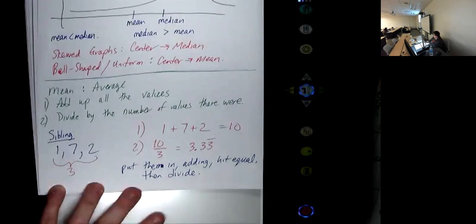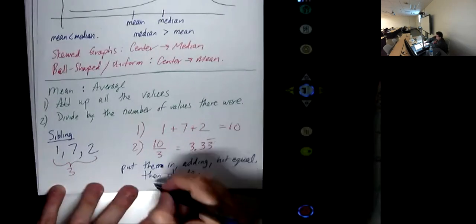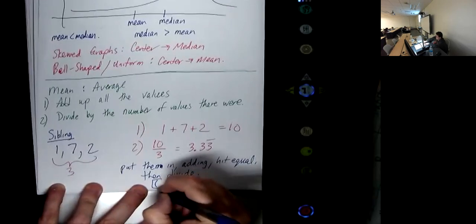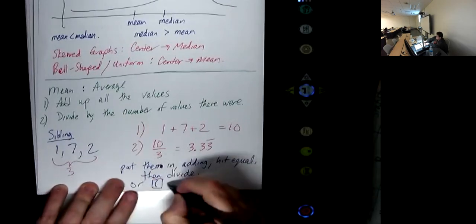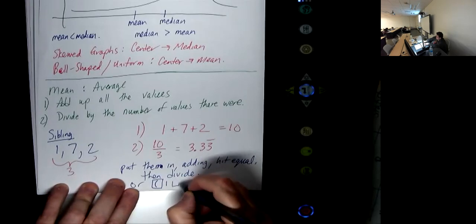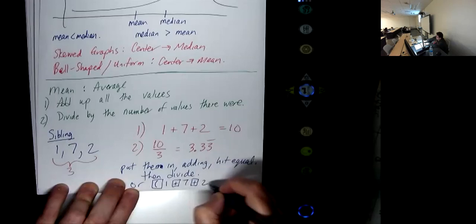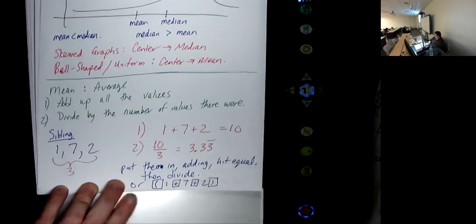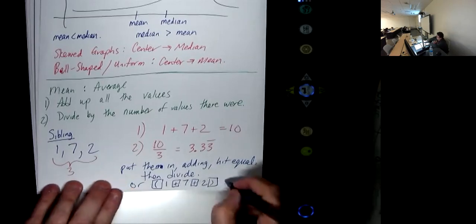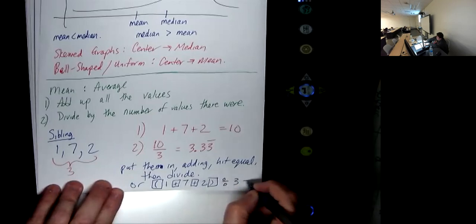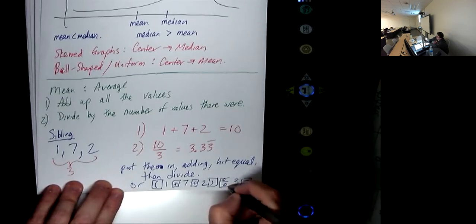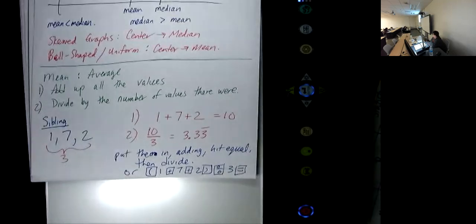Or if your calculator has a parentheses key, you can use the parentheses key and do 1 plus 7 plus 2, hit the end parentheses, and then divide by 3, and hit the equal key. You can do it all at once that way. If it doesn't have a parentheses key, you want to hit enter after you do all the adding.